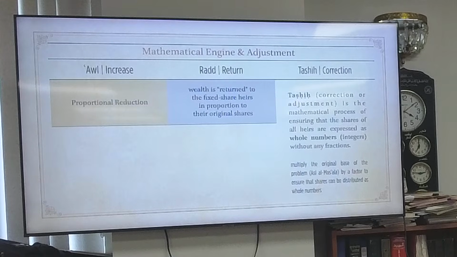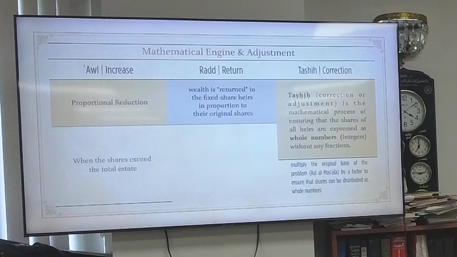So there is no asaba to claim the surplus. In such cases, the remaining wealth is returned to the fixed share heirs in proportion to their original shares. And tasheeh is correction or adjustment. This is a mathematical process to ensure that the shares of all heirs are expressed in whole numbers. There are no decimal points.